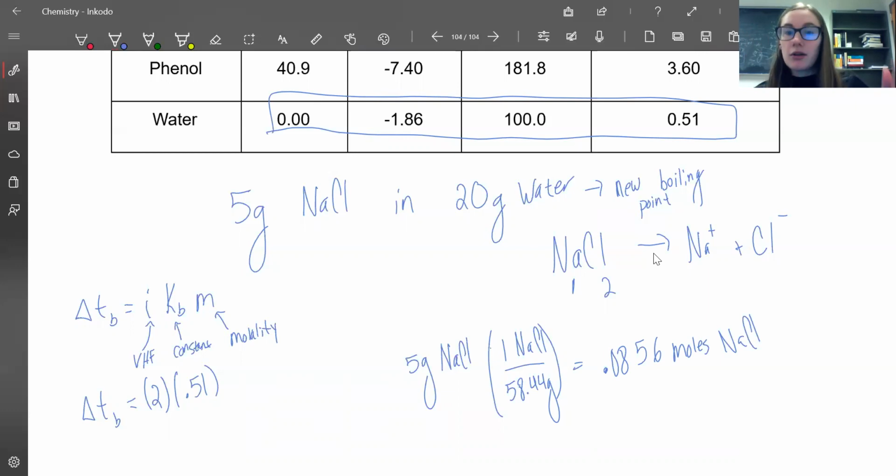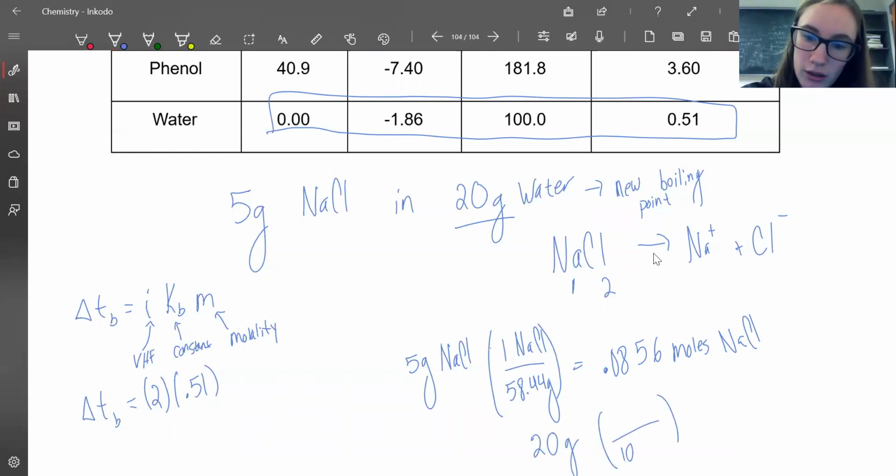Now we just have to get this 20 grams of water into kilograms. We know that there are 1,000 grams per 1 kilogram. So we're looking at 0.02 kilograms.